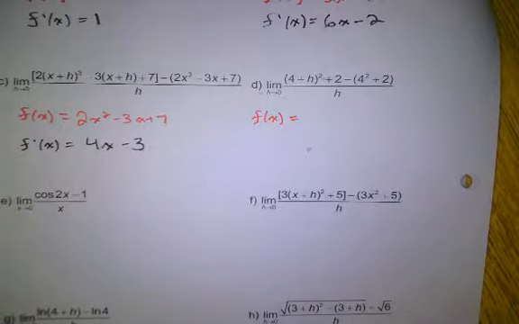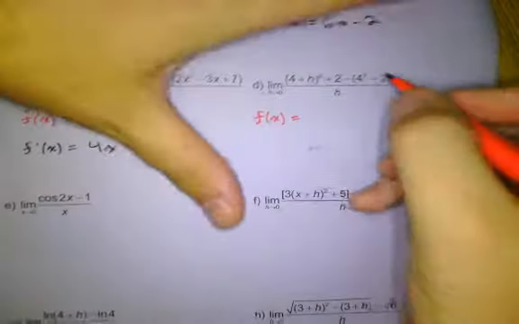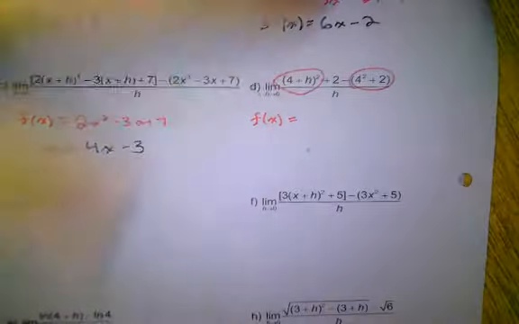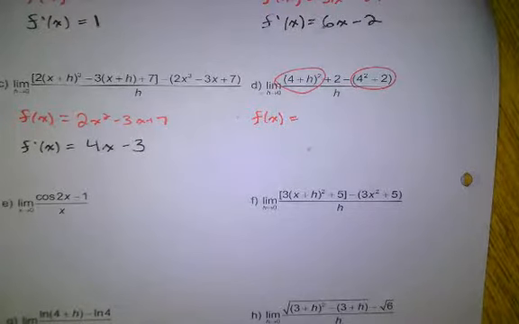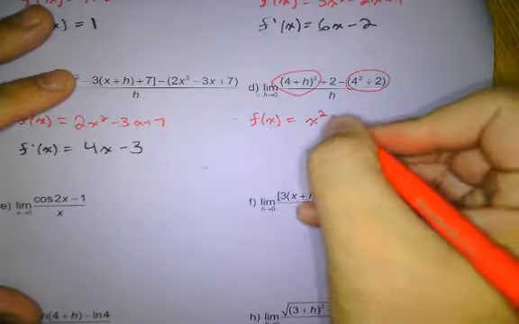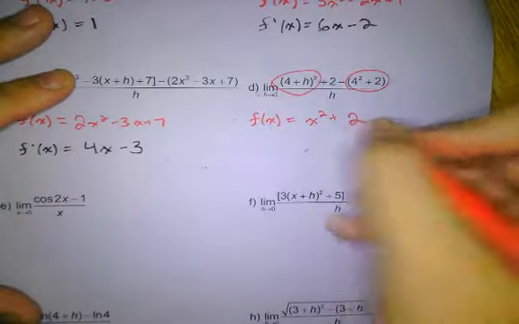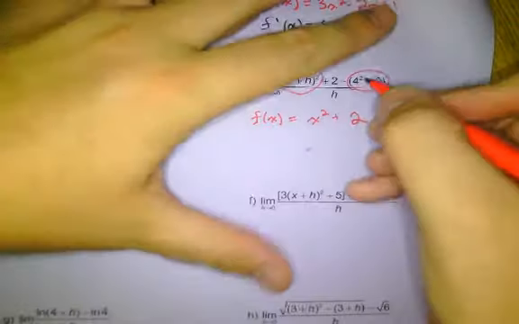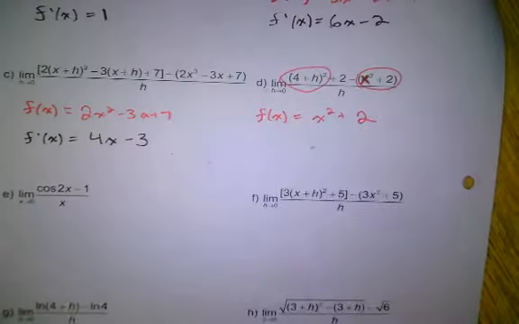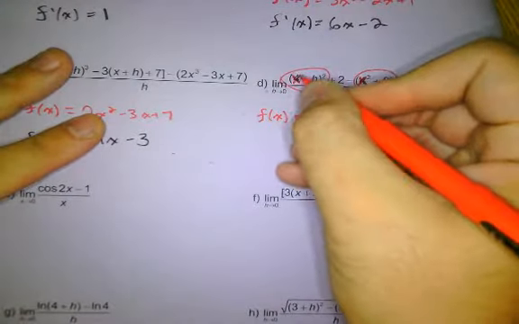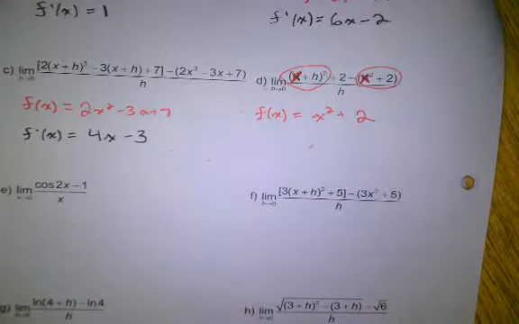But where's the x really located? Compare these two right here. Didn't they plug in a 4 instead of x? So what's the original function? Right? So all they did was replace that 4 with the x. Same thing up here. That one's a little bit trickier.